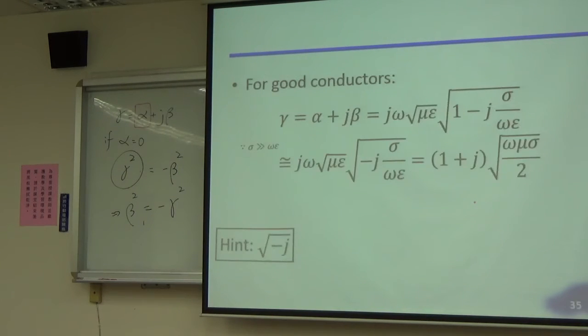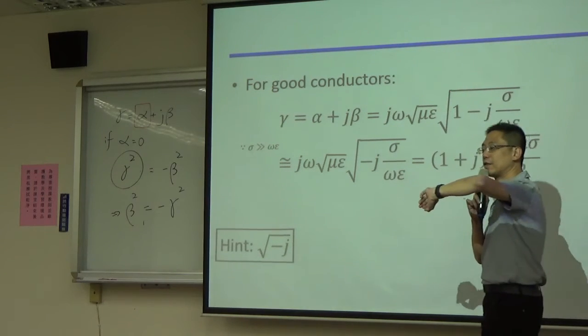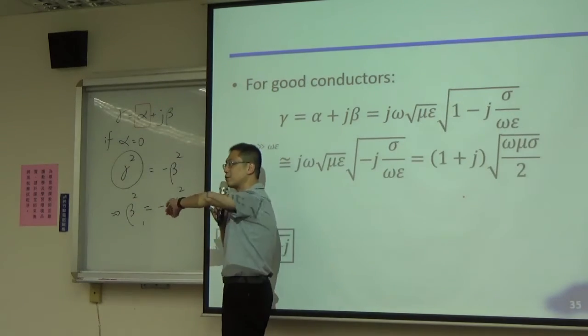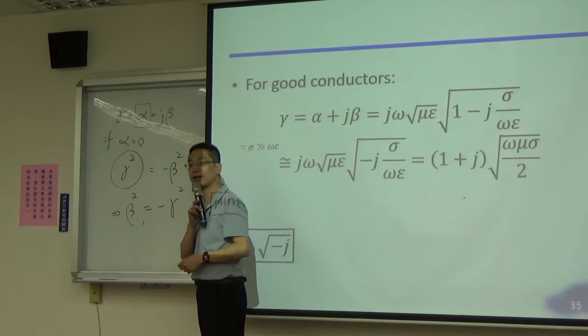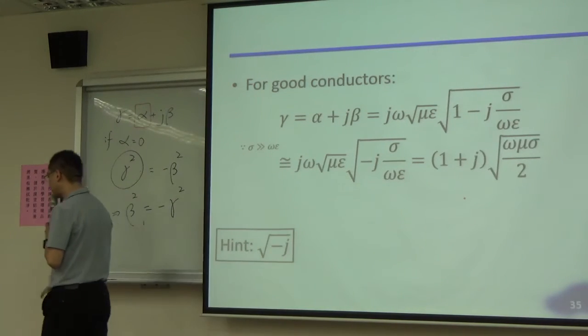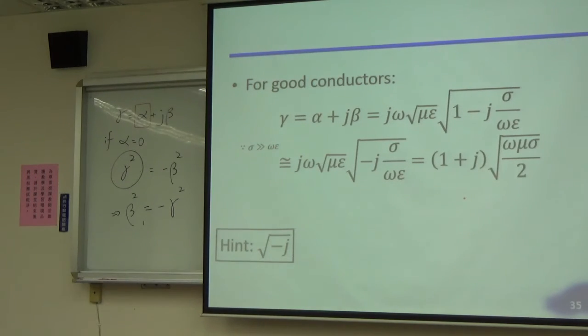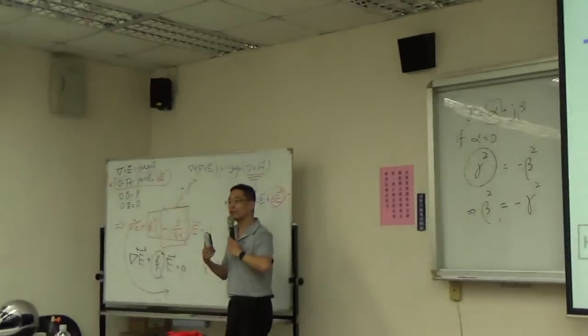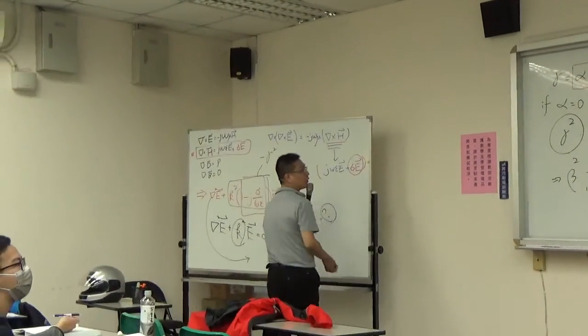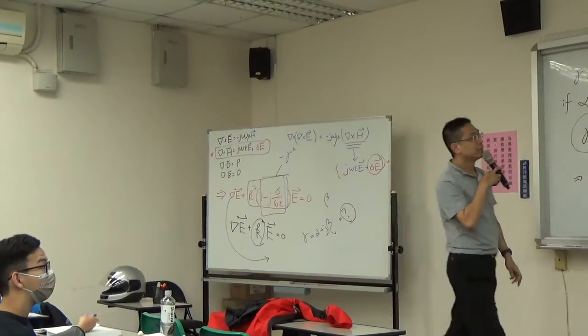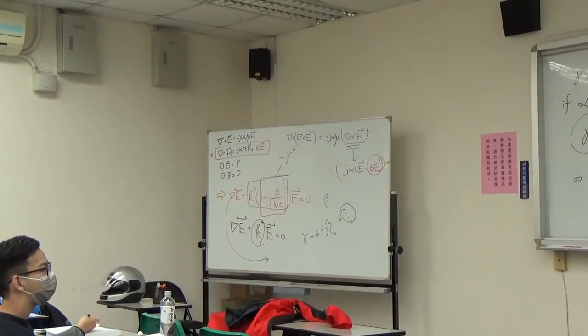Okay. Exercise. 10 points exercise. We have 10 minutes, right? Okay. 10 points. Maximum 10 points. Show me the answer. Why can this one become this one? 10 points.